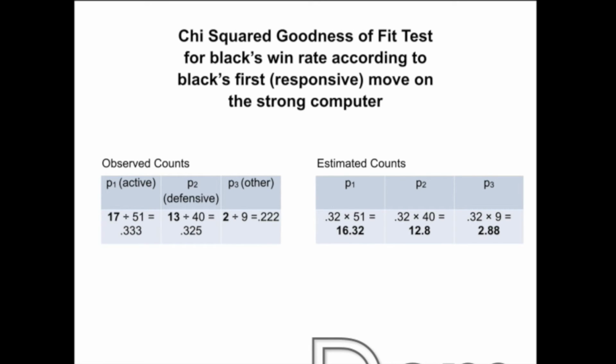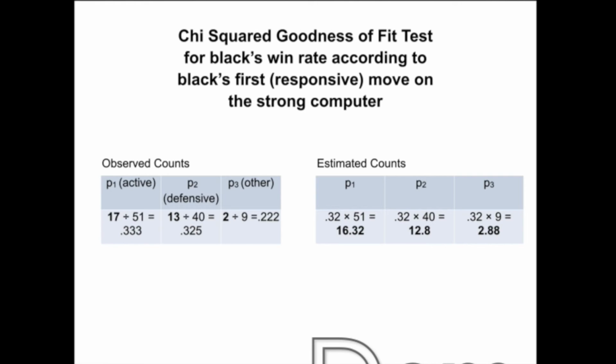Okay, so here's our chi-squared goodness of fit test for black's win rate according to black's first responsive move on the strong computer. So this is referring to the graph that we just saw. And here are the observed counts, so the first proportion P1 is for the active. Out of 51 games that black played the active response, it won 17 of these.